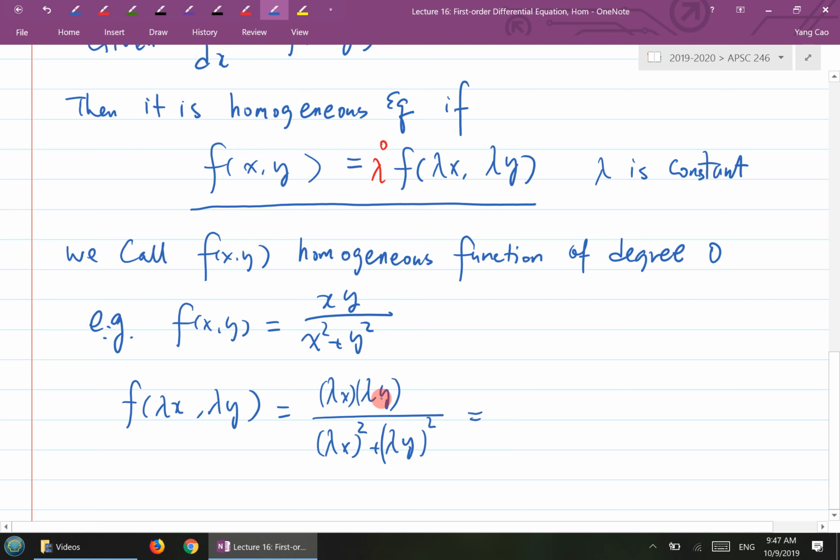And then you can see that on both the numerator and denominator, you got lambda squared showing up. So you can cancel the lambda squared. So you end up with the same as the function f(x, y). So that's exactly the definition of this is a homogeneous function of degree 0.